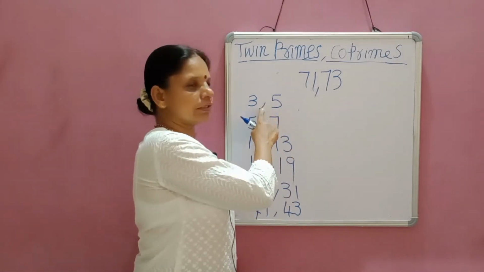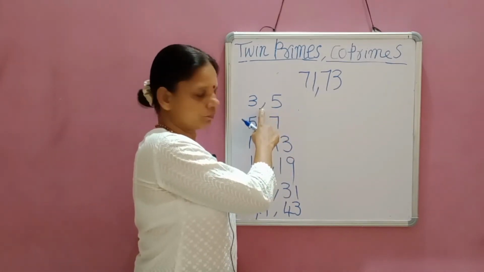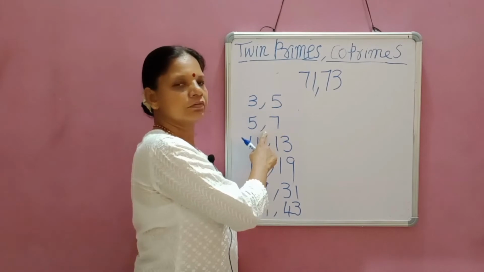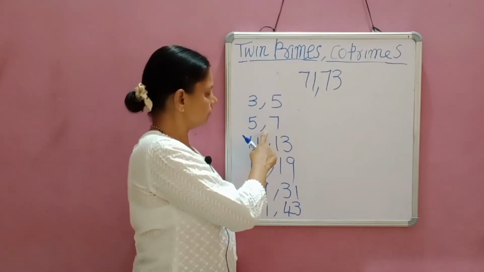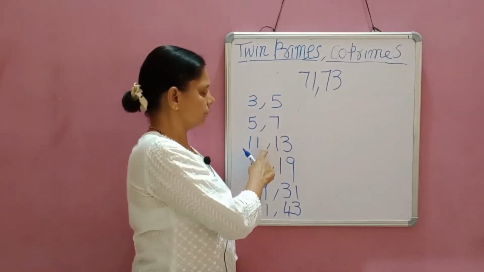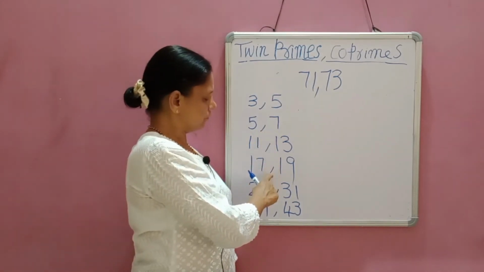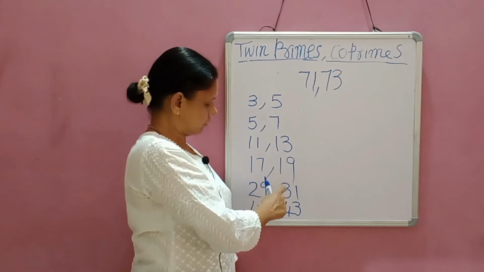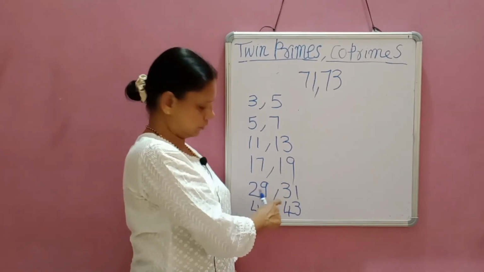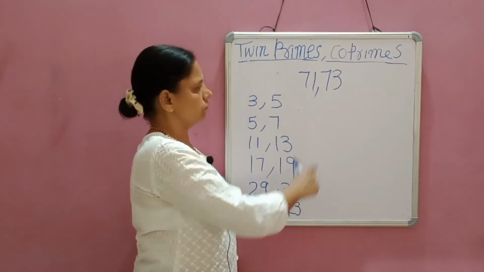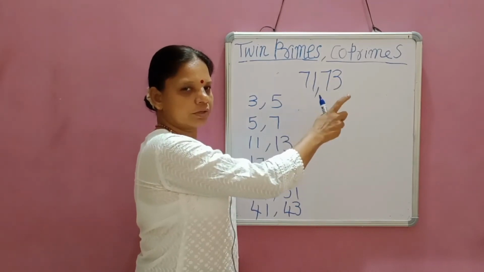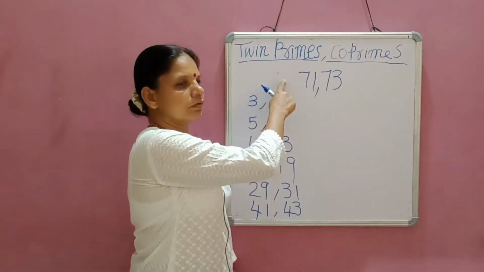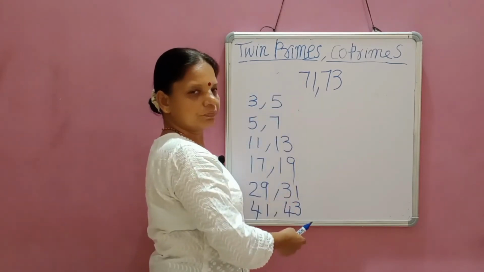Which is that composite number here? 4. And here also there is only one composite number, which is 6. Here 12. Here 18. Here 30. Here 42. Here 72. So now understood, the first pair is not included in this group.